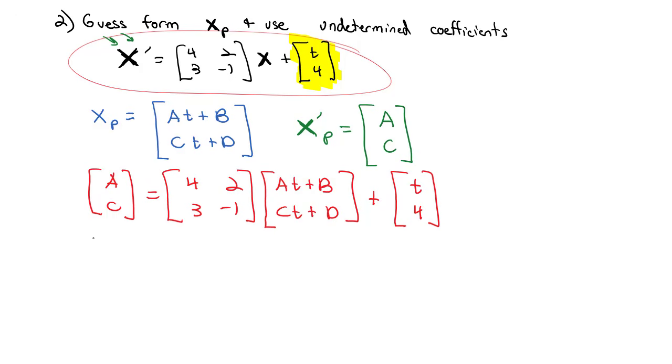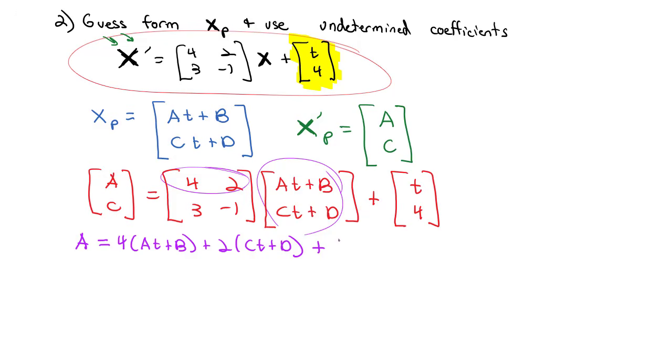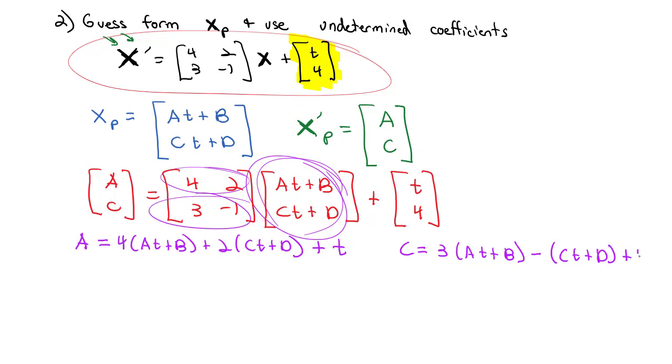If I just work across the first row, a equals, multiplying a row times a column, we've got 4 times at plus b plus 2 times ct plus d plus, first row has the t in it. And the second row then is c equals, second row times the column, 3 times at plus b minus 1 times ct plus d, and we have plus 4 at the end.